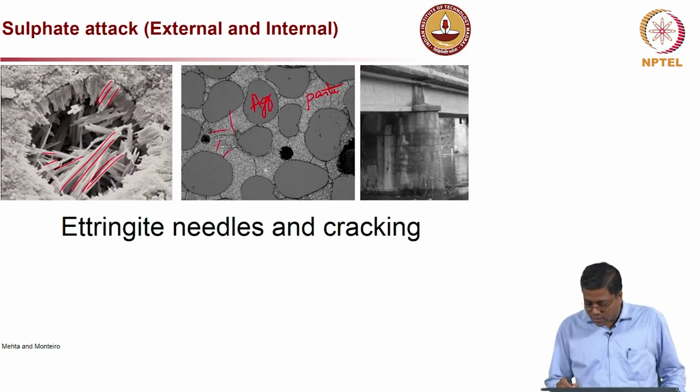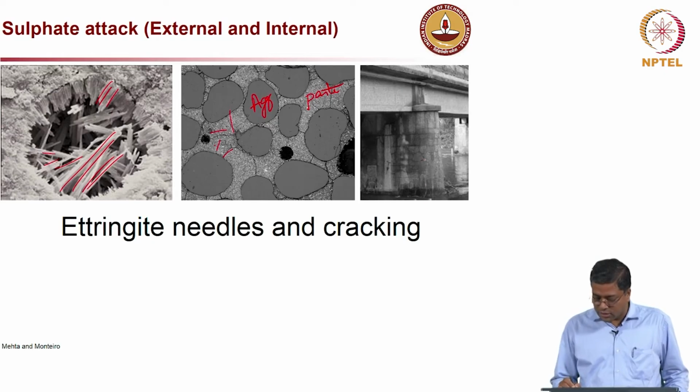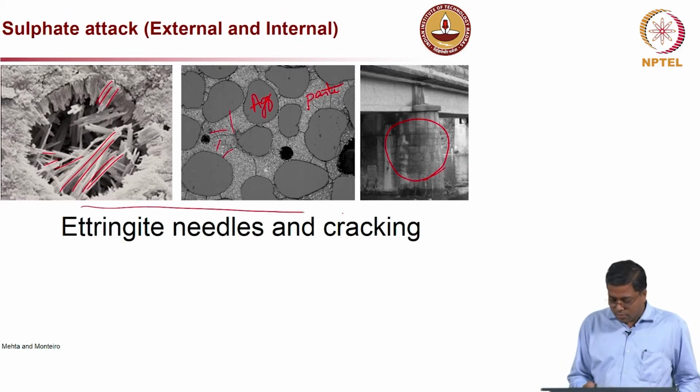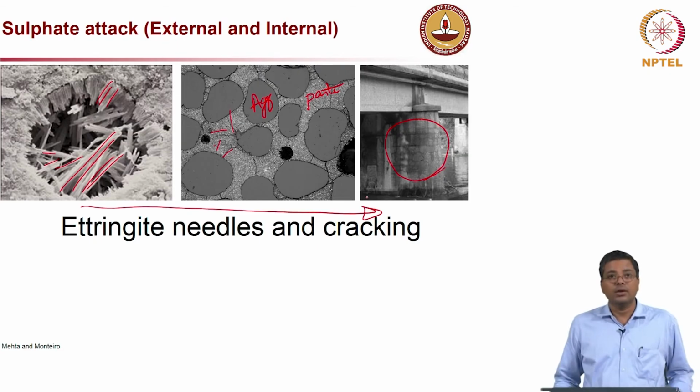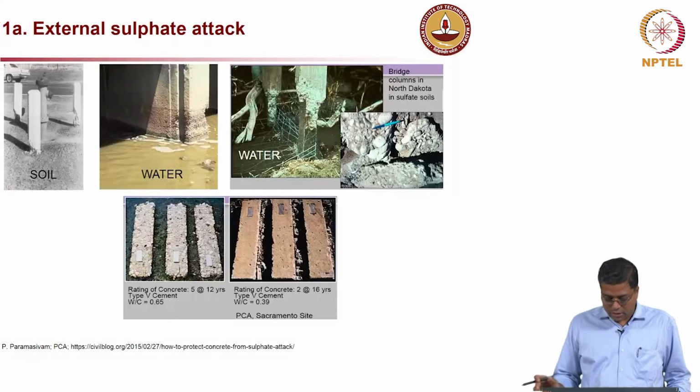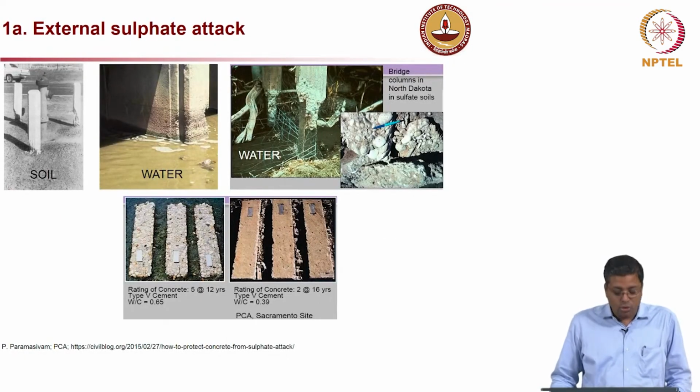On a larger scale, the third one is a picture of a bridge, where you can very clearly see a lot of cracking in that column or pier. So, from microstructure to macro level cracking, it really leads to significant distress of the structure. It is a major deterioration mechanism which we all need to know and worry about, so that we can design our structures to prevent it.